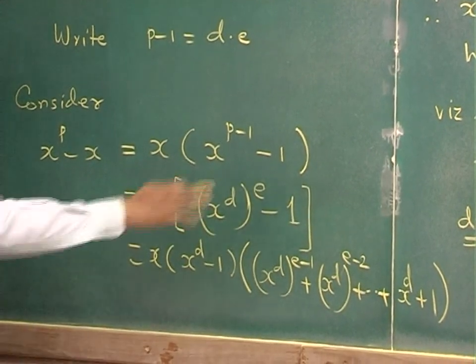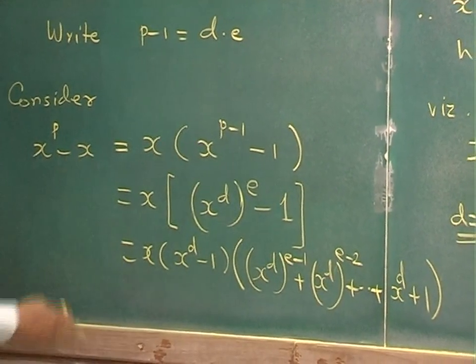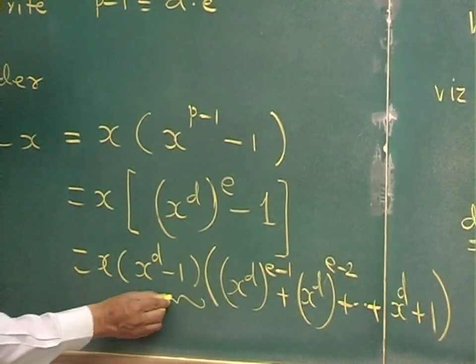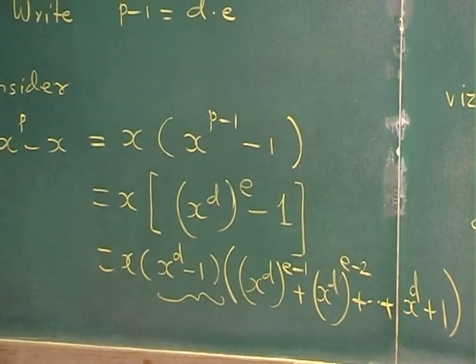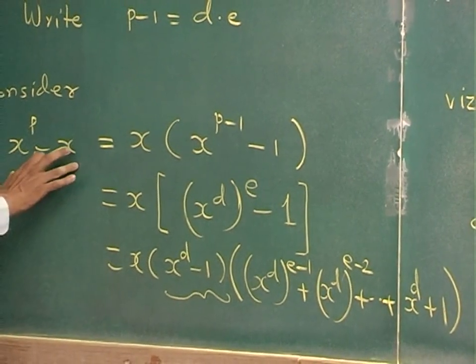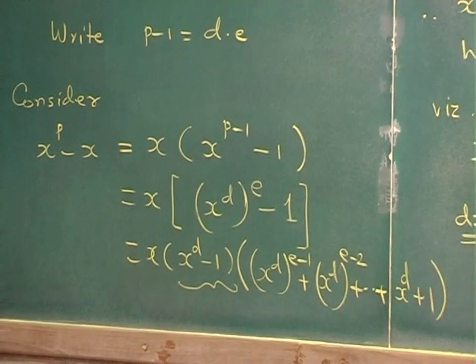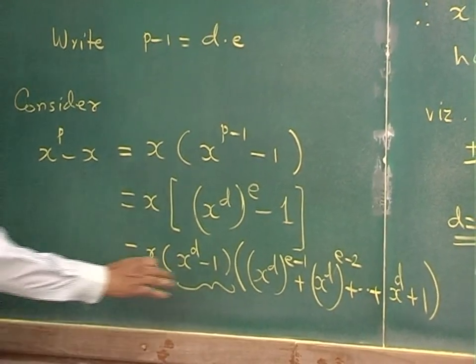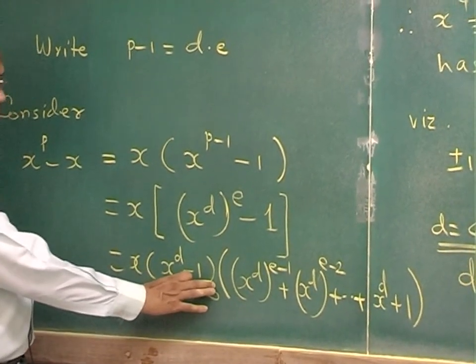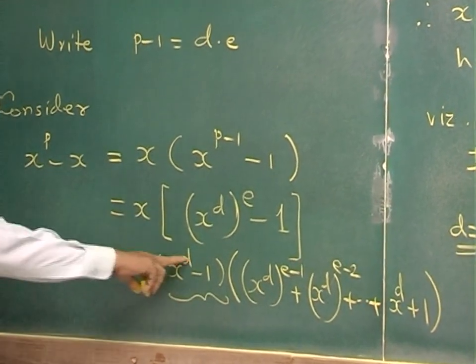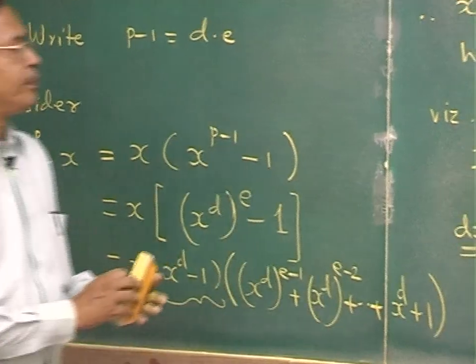So this is the actual algebraic factorization of x raised to p minus x, and you will see that x raised to d minus 1 actually divides, not just mod p, and therefore the number of solutions of this congruence, that is this congruent to 0 mod p, will be exactly equal to d.